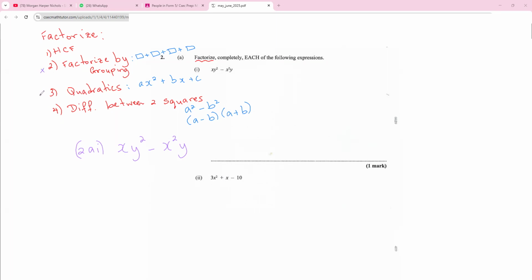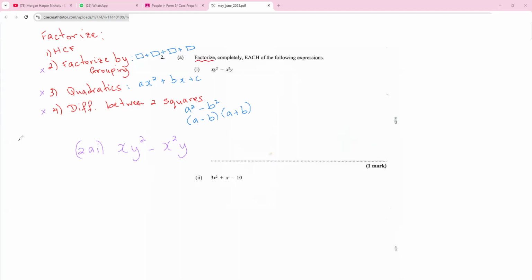You know for sure that's not a quadratic. It's not a difference between two squares because everything will have to be squared, and not everything is squared. In this one, only the y is squared, and in this one, only the x is squared. Right? So by method of elimination, we know it's HCF factorization.